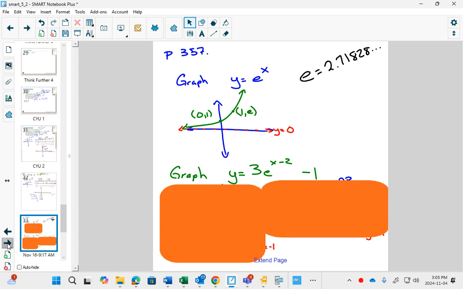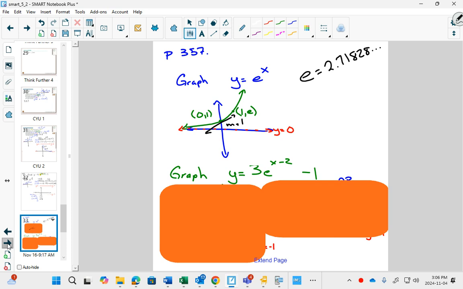Instantaneous rates of change are measured by drawing a tangent line at a given point. If we figure out the slope on the graph of e to the x, the slope at 0, 1 happens to be 1.